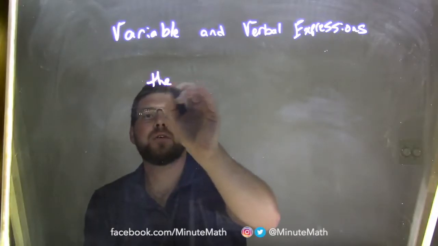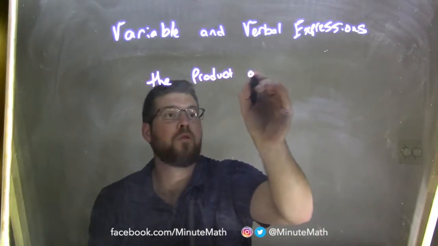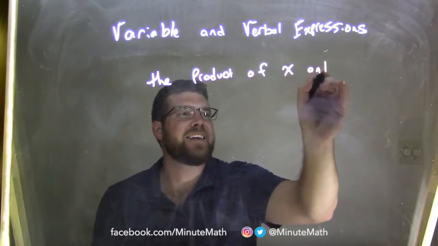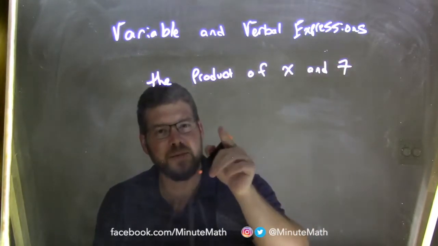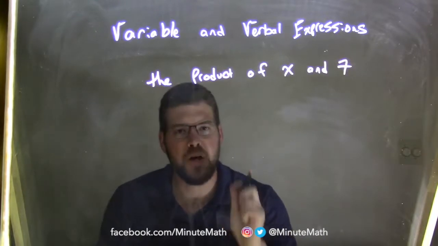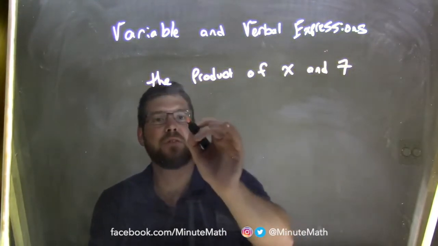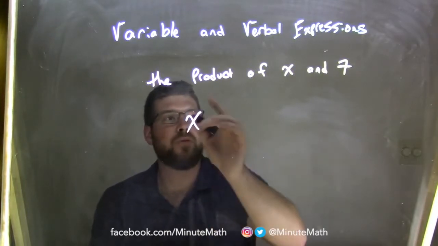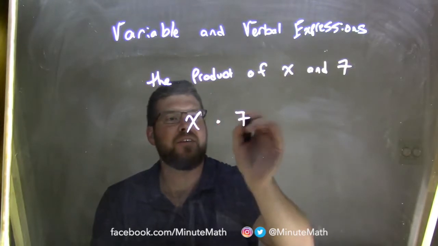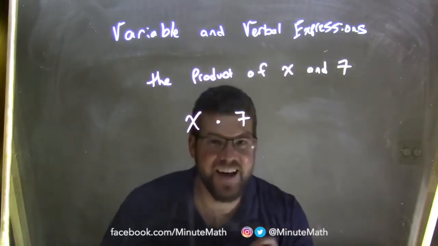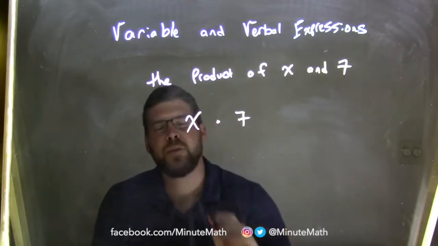The product of x and 7. Immediately I'm thinking product, I'm thinking of an operation, and that is going to be multiplication. So the product of x and 7. Now, when I'm writing multiplication, I'm going to use a dot.